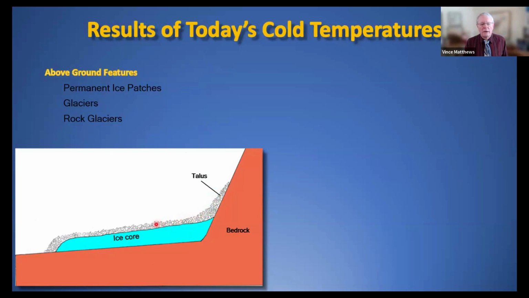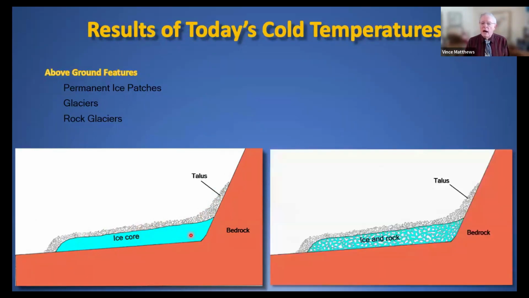And the rocks just covered this pure ice core. The other model is that these are ice and rock, and also a cover of rock on top, but that it's this interstitial ice that forms in the talus and then moves out as a rock glacier. And this is still a pretty strong debate here.